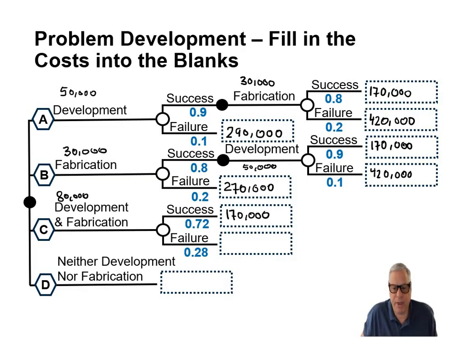But if things fail while doing development and fabrication research simultaneously, we lost the 80,000 and we have to buy the 10,000 engines for 24 each. 240 plus 80, that's 320.